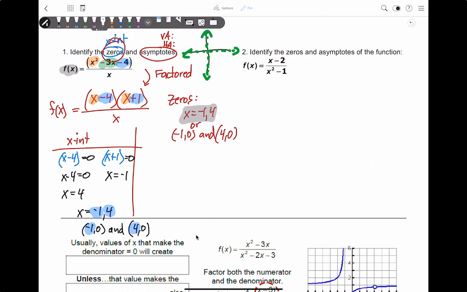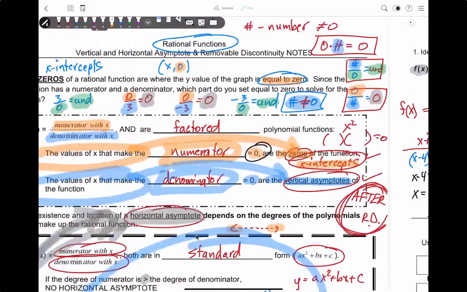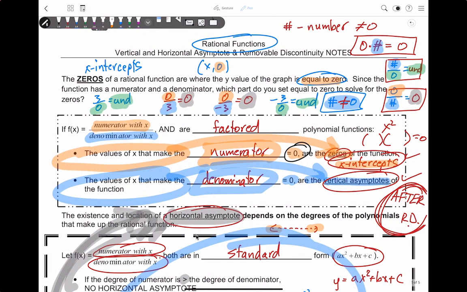Now let's look at the asymptotes. We're going to look at just the vertical asymptote first. The vertical asymptote from the last slide was whenever I would set the denominator equal to 0.